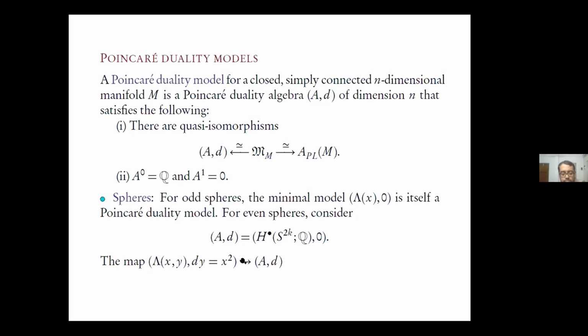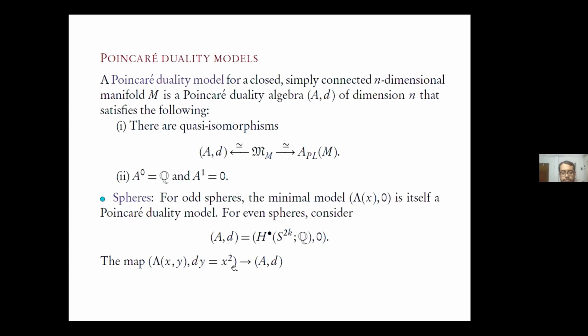Now recall the minimal model was a free graded commutative algebra generated by x in degree 2k and y in degree 4k minus 1. So that dy is in degree 4k, and then this is simply x squared because x squared is 0 in the degree 4k cohomology of S2k. So you have to kill x squared by introducing y.